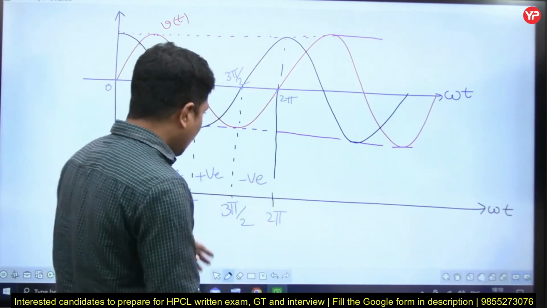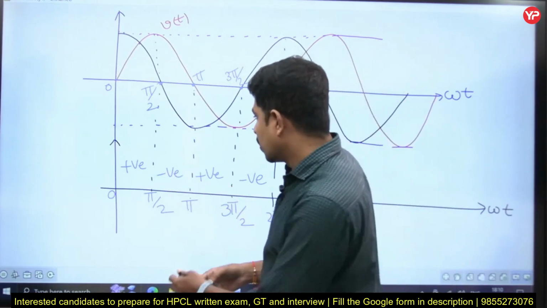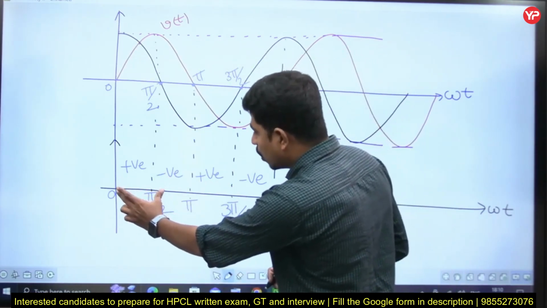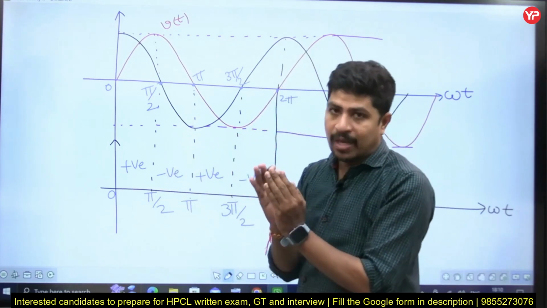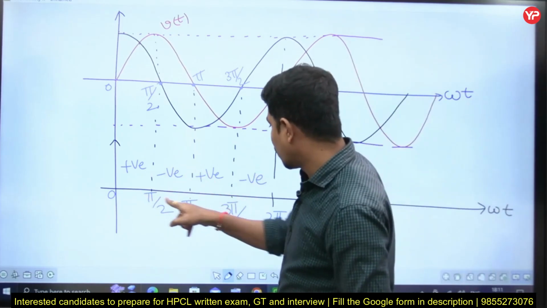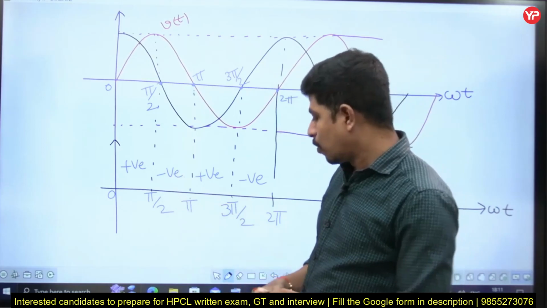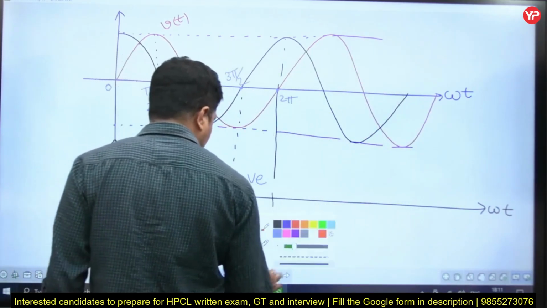If you see, in 1 full cycle, for 2 equal amounts of time, 0 to pi by 2 and pi to 3 pi by 2, it is positive, and for 2 equal amounts of time, it is negative.